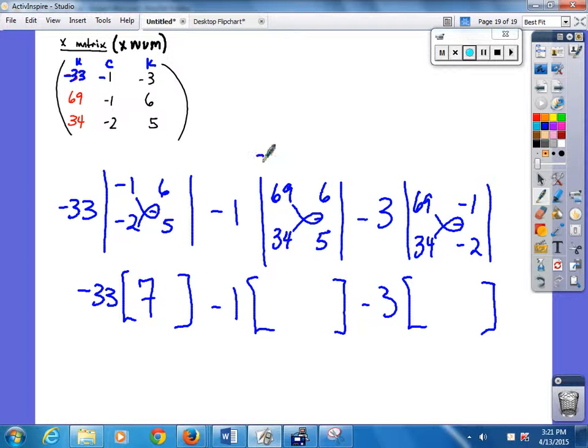So that's 345. Minus 6 times 30 is 180, plus 24 is 204. And 340 minus 200 is 140, right? So it'll be 141.